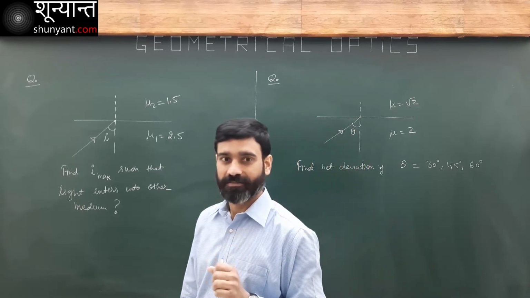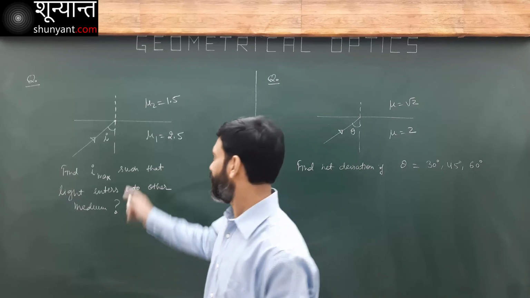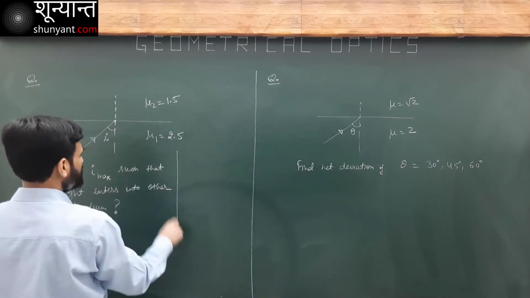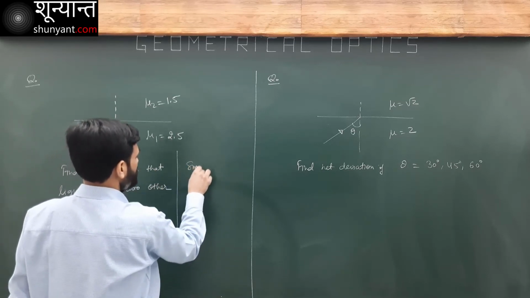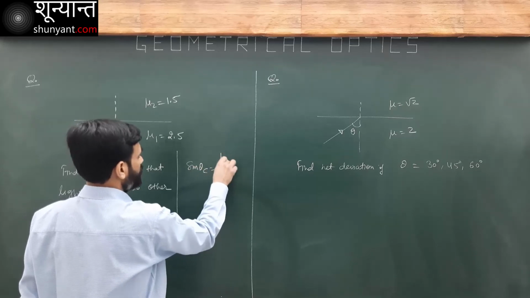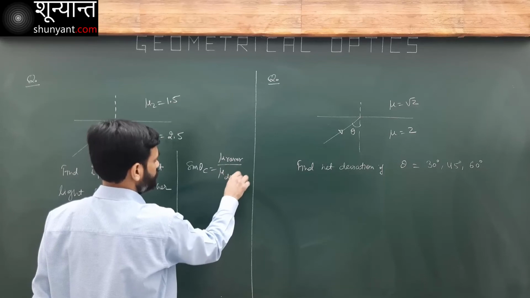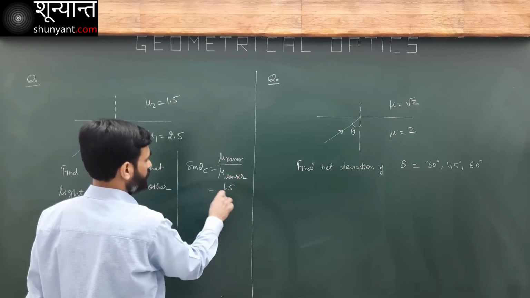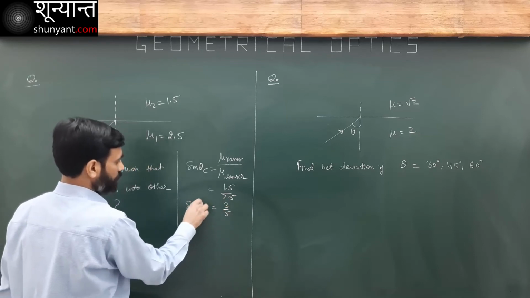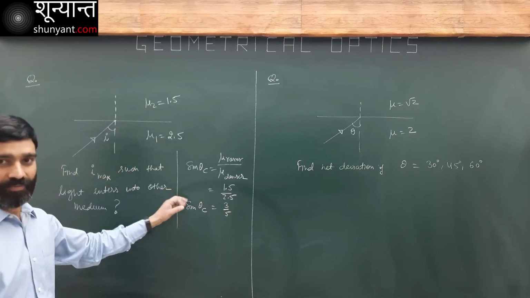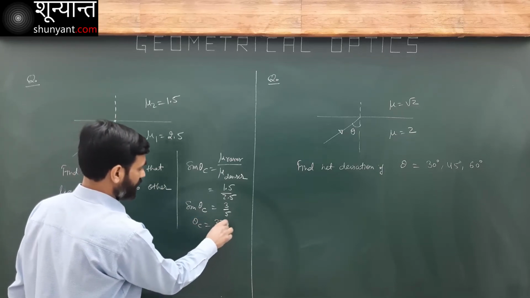What will be the critical angle for this interface? Sine theta c is mu rarer over mu denser. It is 1.5 over 2.5. This will be 3 over 5. Sine theta c is 3 over 5. What will be theta c? It becomes 37 degrees.